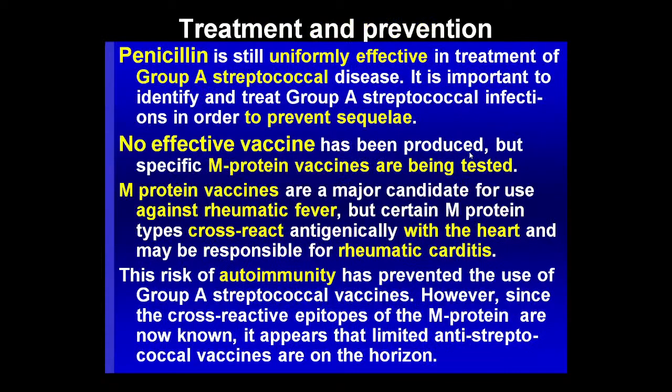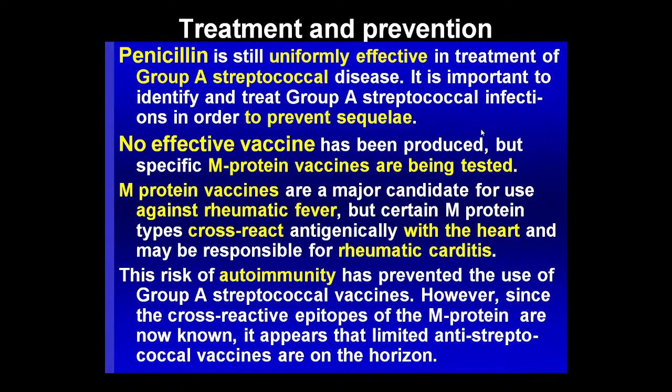So how do we perform treatment? Penicillin is still quite effective in treatment of group A streptococcal disease. It is important to identify and treat group A streptococci to prevent the non-suppurative sequelae that may occur as a result of multiple previous streptococcal infections.